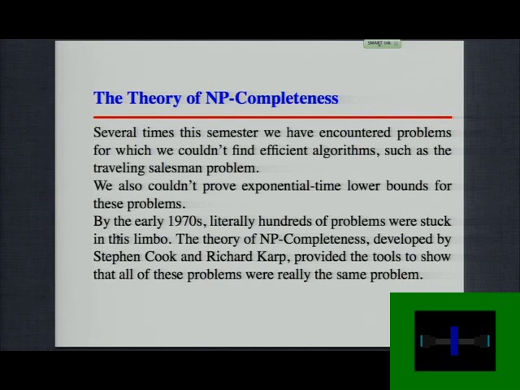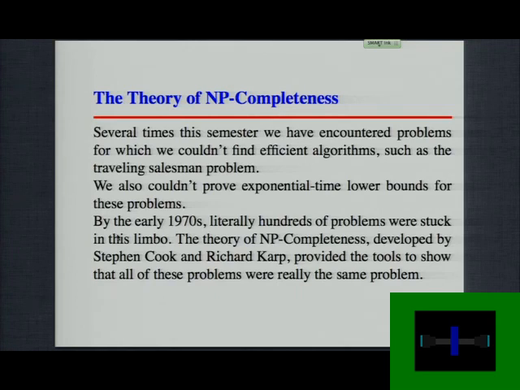There are hundreds and hundreds, I will even say thousands and thousands, of optimization problems people care about that tend to fall into this category where people couldn't find fast algorithms. Then in the early 1970s, they developed this theory.